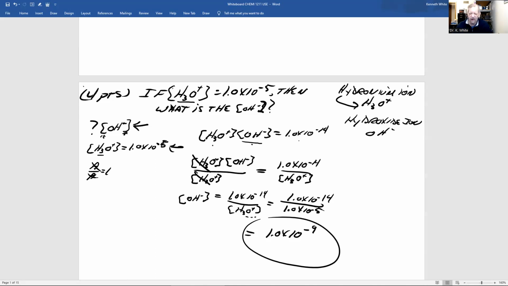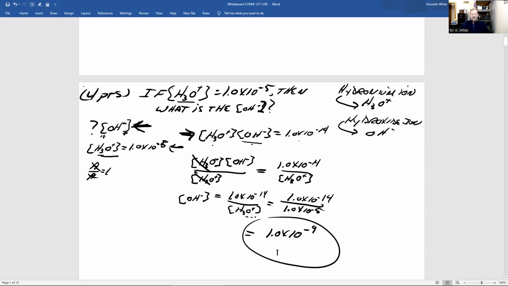Hydronium, H3O plus, hydroxide, OH minus. So if the hydronium ion concentration, H3O plus, is 1.0 times 10 to the minus fifth, then what is the hydroxide ion concentration? We're trying to find this, and we're given this. We're also given this Kw, the ionization constant of water. No, it's not named after me. Wish it was, but it isn't.